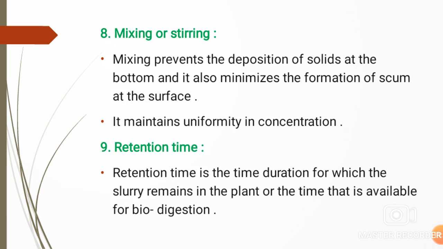This time duration is known as the retention time. That is the total time for the biodigestion of the slurry present in the digester. Retention time is also very important for the biodigestion process. It varies according to the plant and it also affects the efficiency of the plant.